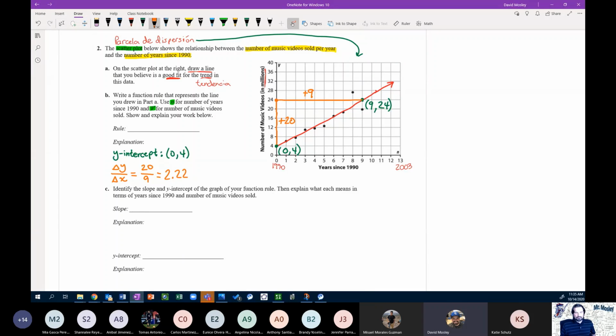Leon, si quieres activar también tu audio, si nos quieres escribir para qué son la 9 y la 4, no sabes. So he doesn't know. Okay.